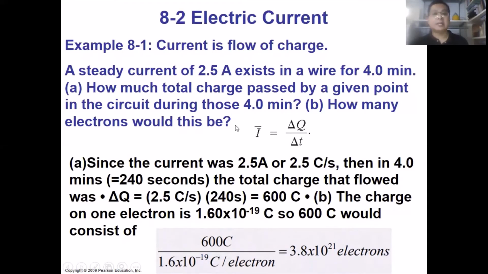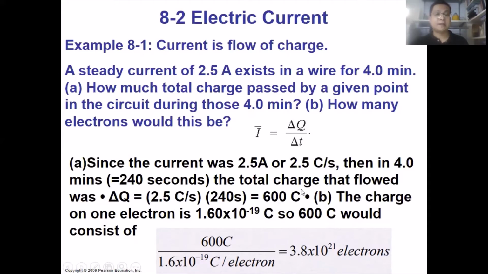Because the unit should be in seconds, we convert 4 minutes into seconds, which is 240 seconds. Then we just input into the equation, Q equals I times t. So we get the answer of 600 coulomb.